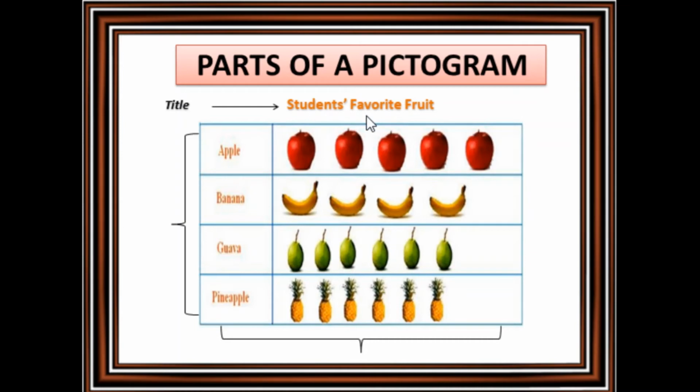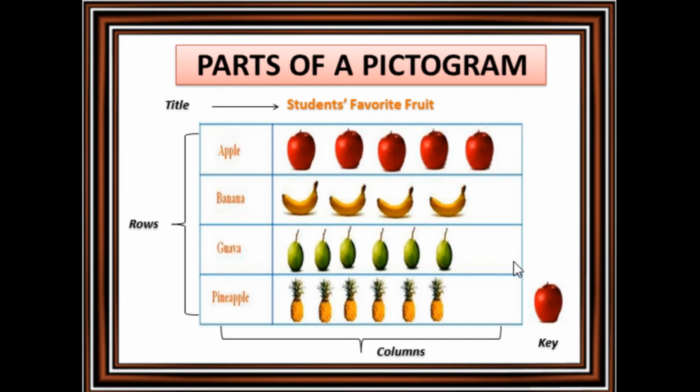Student's favorite fruit. Good job. A pictogram also has rows like the table and has columns also like the table. And an additional one, you have a key or a legend. The key will tell you how many data does one picture represent.